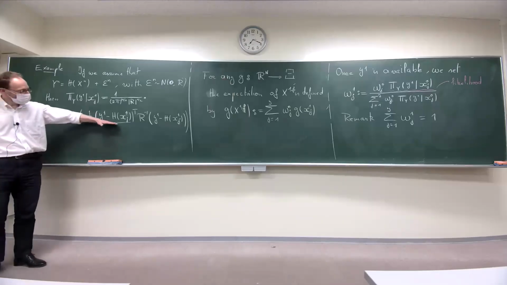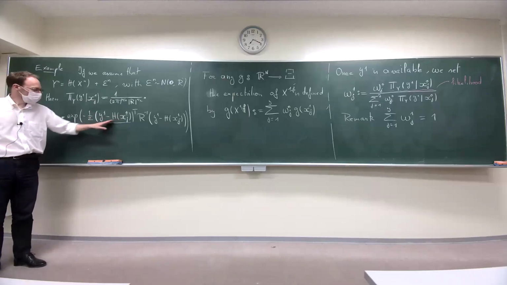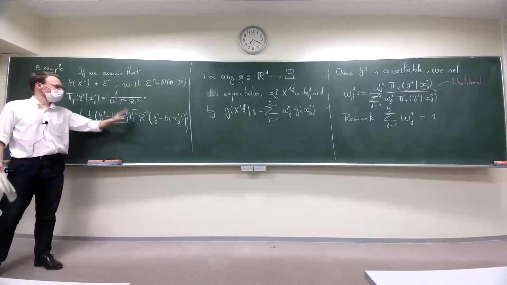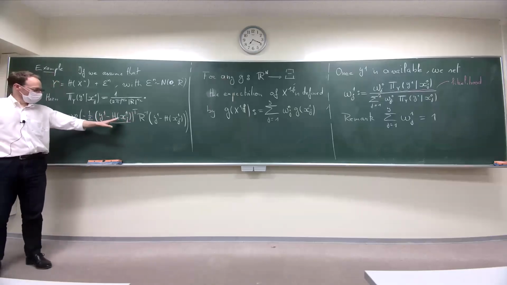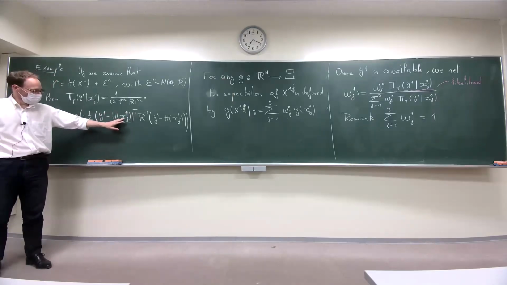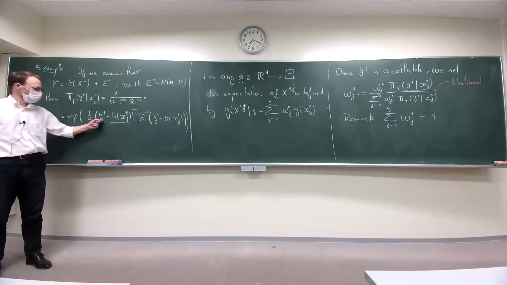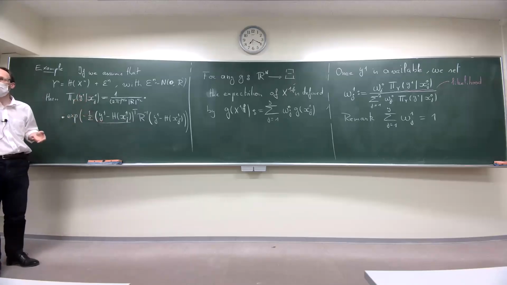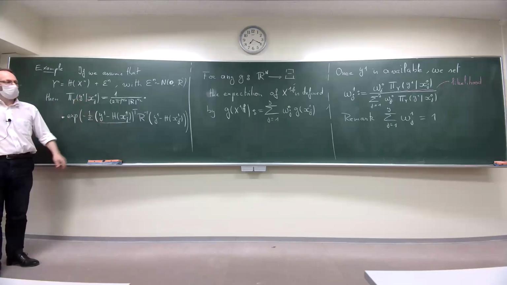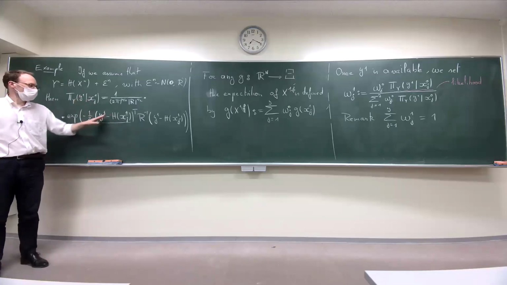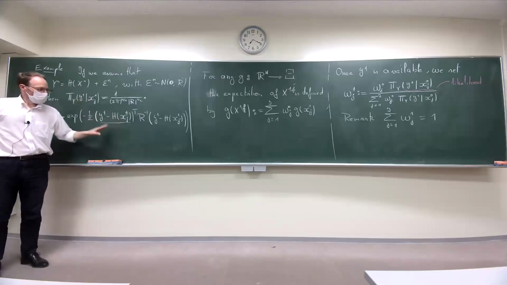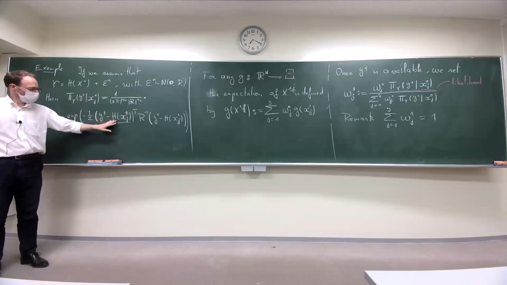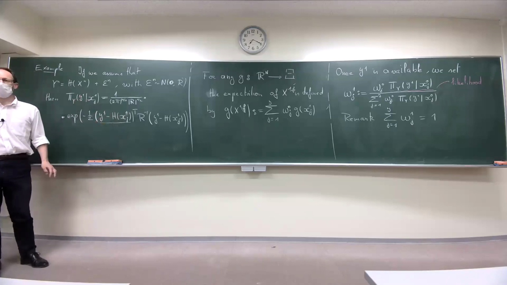So when you do this computation, if this projection of xj is close to y1, then you have a big number, so you put a big weight on this particle. When these two things, which are vectors, are far away, then you are going to have a weight which is very small.